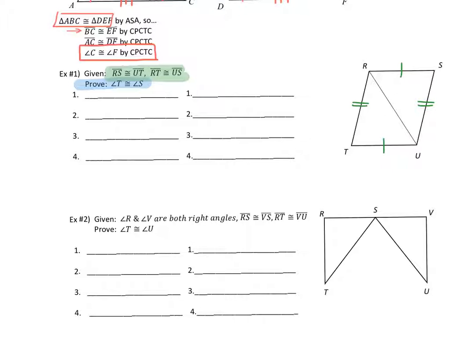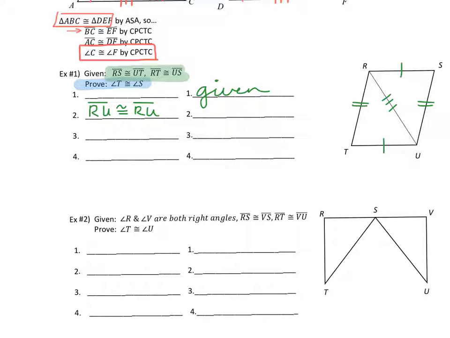Does anyone see, so we have our given, right? That's step one. Does anyone see another piece of these two triangles that has to be congruent? Nolan. Right, so mark that, okay? We can say that RU is congruent to RU.